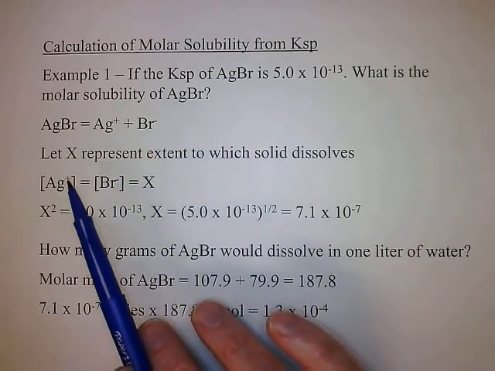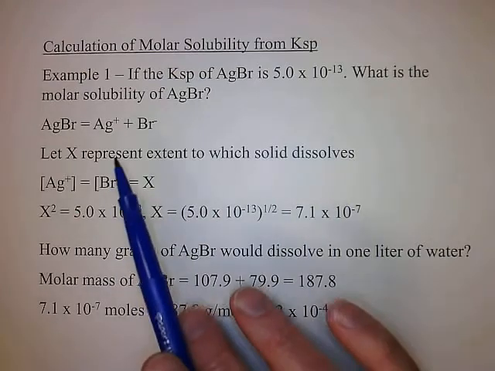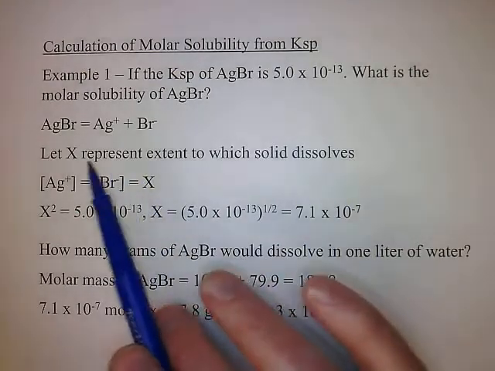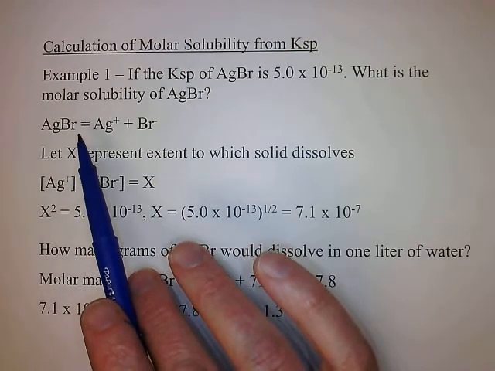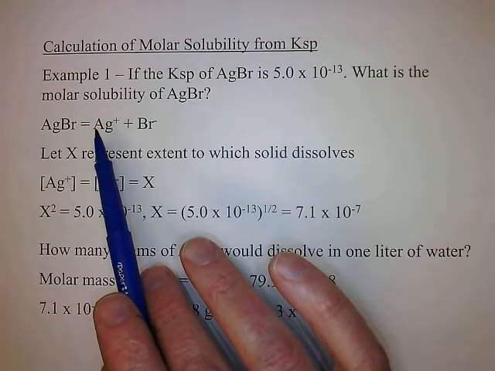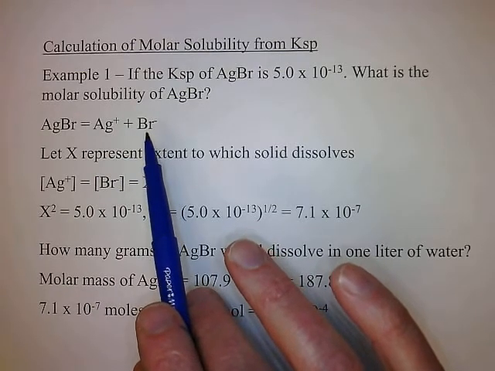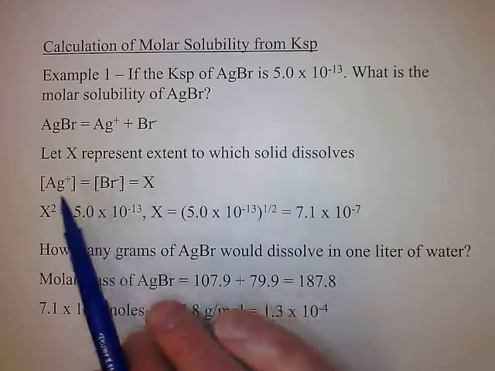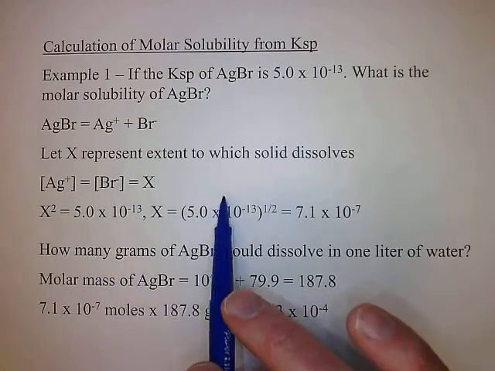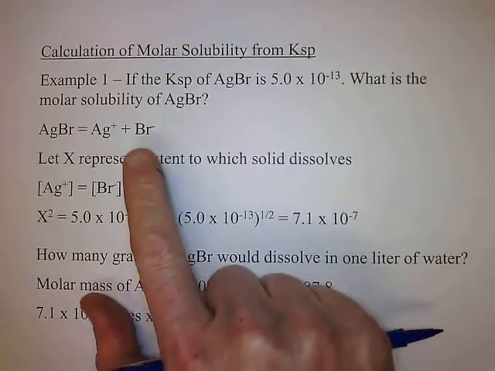So we'll let X represent the extent to which the solid dissolves. It's 1-to-1, right? So if X moles of this dissolves, we'll have X moles of silver ion and X moles of bromide ion. So these two will each be equal to one another, which will be X. So your KSP is simply the product of the ions, right?